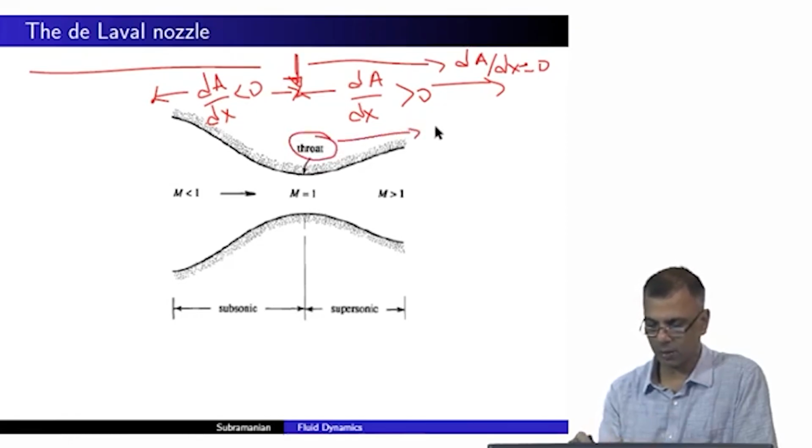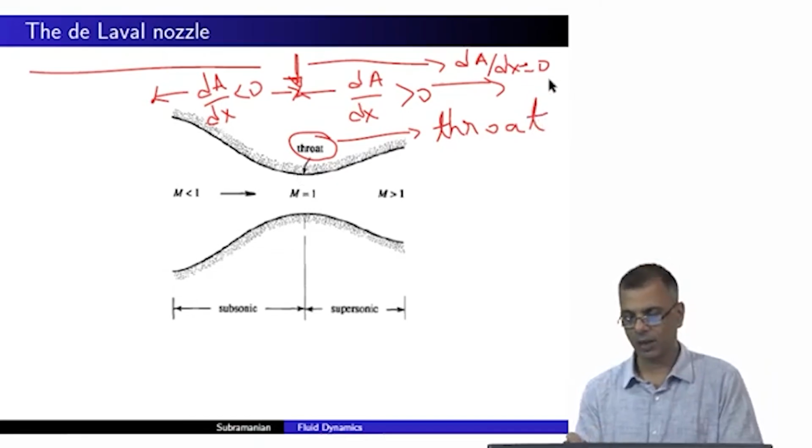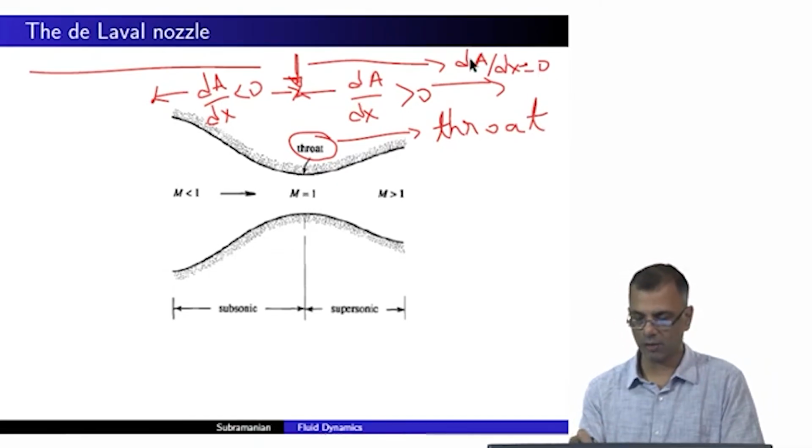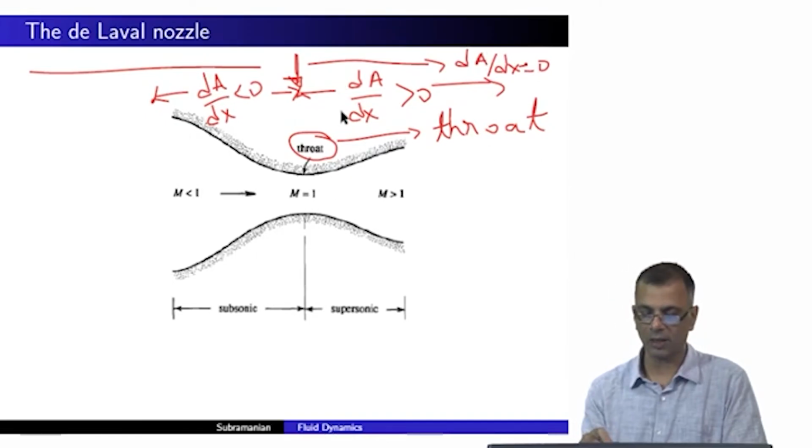So exactly at the throat, the derivative dA/dx is equal to 0, and to the right of the throat, dA/dx is larger than 0. So this is the situation.